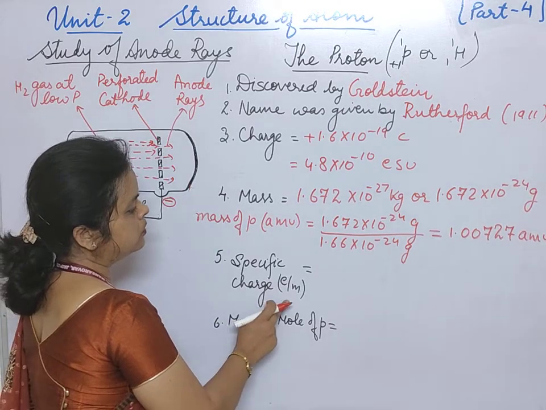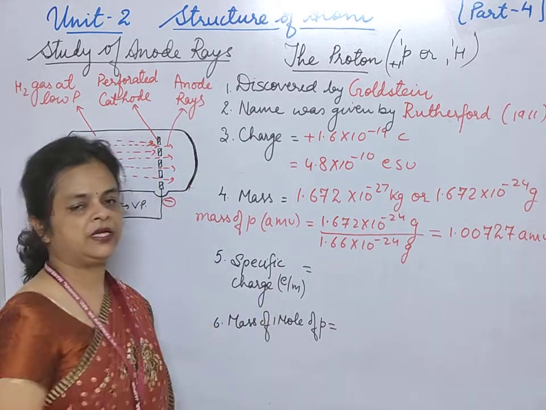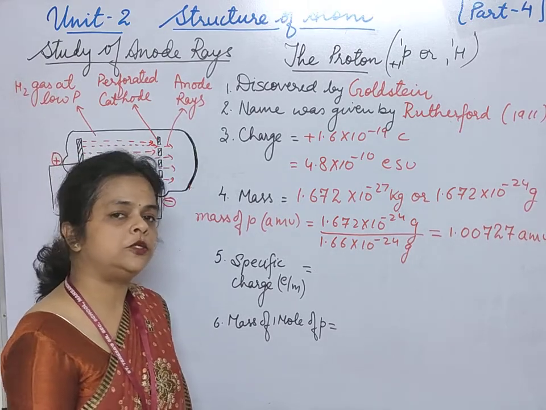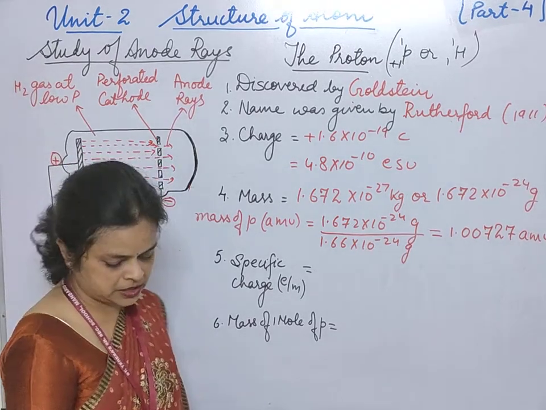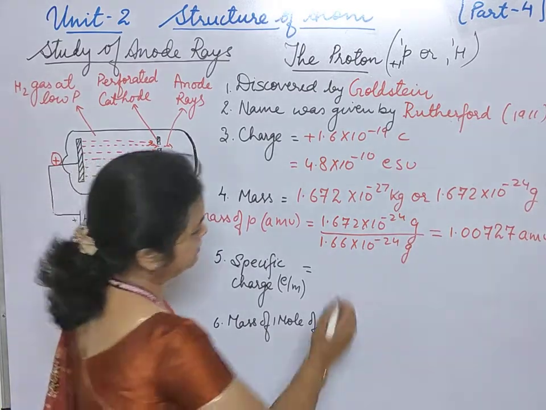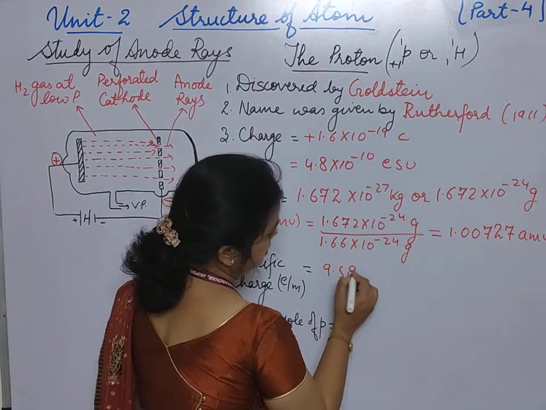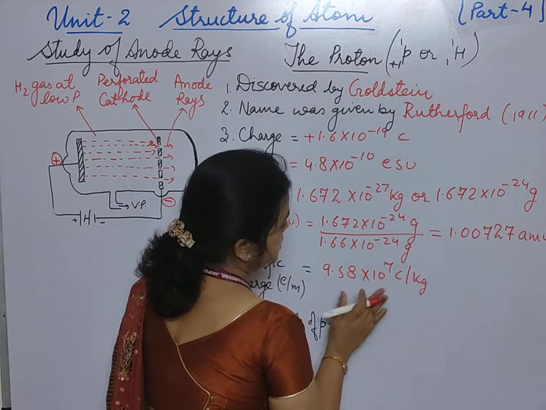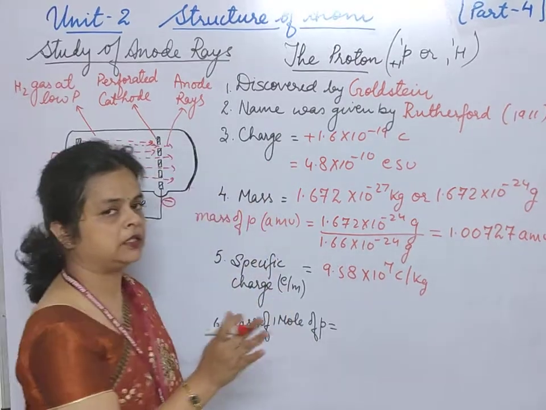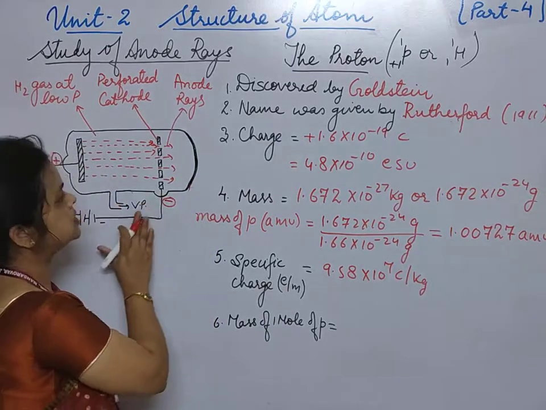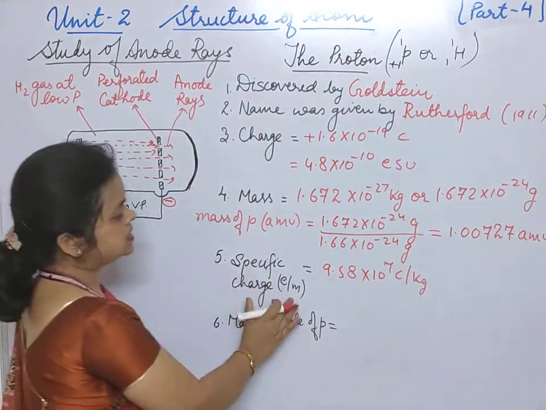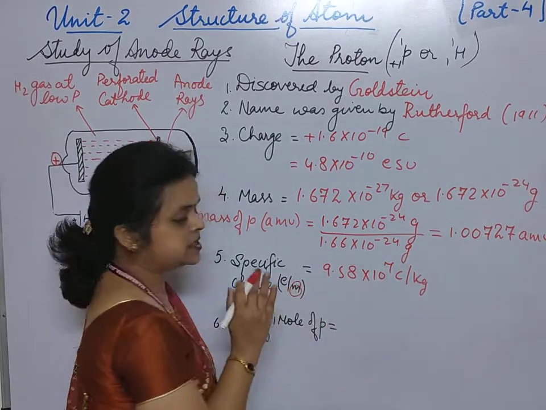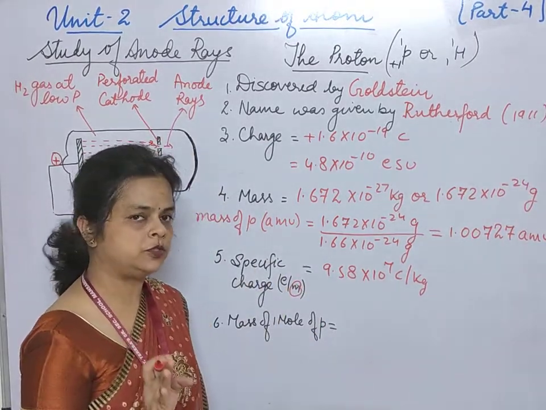Specific charge, the value of E by M: when we calculated for electrons, it was 1.76 into 10 to the power 11 coulomb per kg. And here in this case it is 9.58 into 10 to the power 7 coulomb per kg. See students, when you take hydrogen gas in this discharge tube, this is the maximum value. Why? Because M is smallest in the case of hydrogen atom.